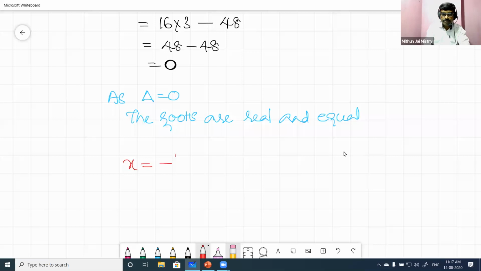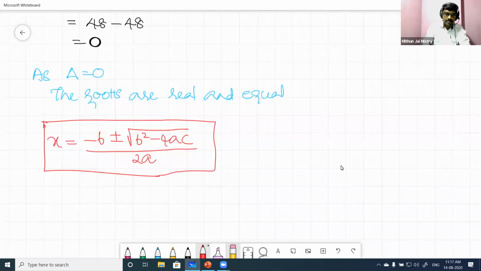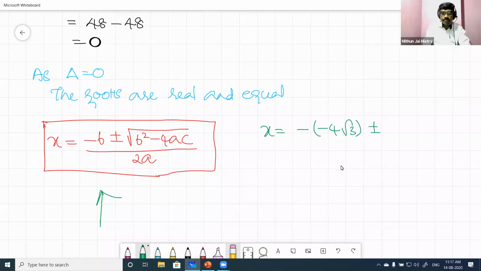x is equal to minus b plus or minus under root of b square minus 4ac by 2a. As this is a formula, you have to put a box around it. Now you substitute. You should write x is equal to minus b, and b is minus 4 root 3, plus or minus square root of b square minus 4ac.